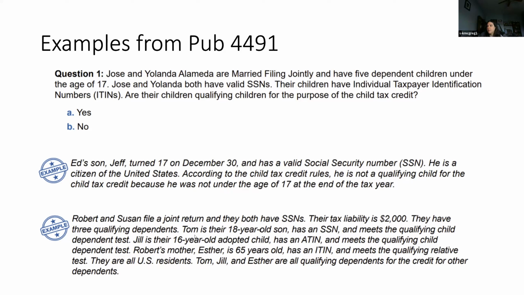Another example: Rob and Susan file a joint return. They have social security numbers. They have a tax liability. They have 3 dependents. Their son Tom is 18. Jill is 16 and adopted and has an ATIN number. And Esther, Susan's mother, is 65, but she has an ITIN number.